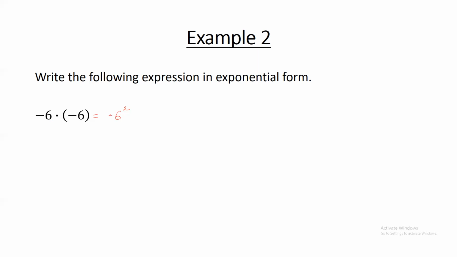The minus sign gets attached later. If you want the whole number -6 to be raised to the second power, which of course is what you want, because you're multiplying -6 by -6, you need to put -6 in parentheses. So this is the correct way of writing -6 times -6 in exponential form.